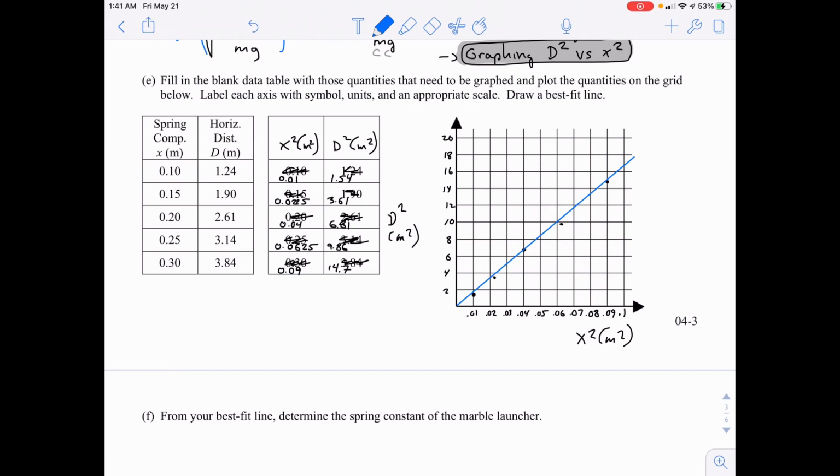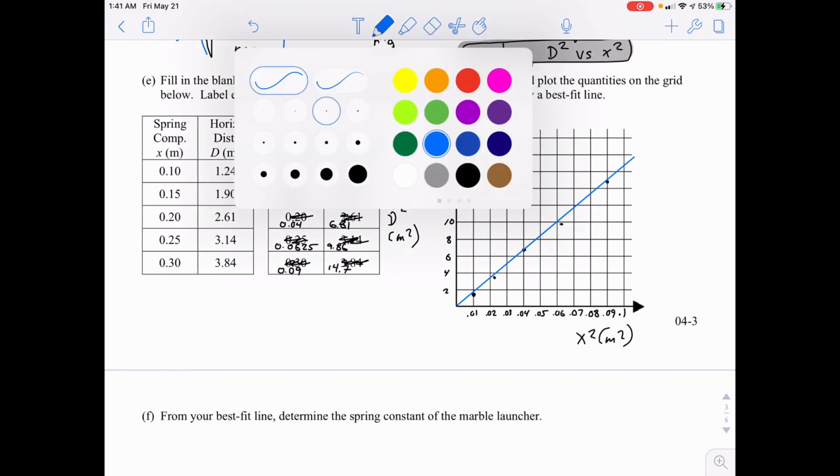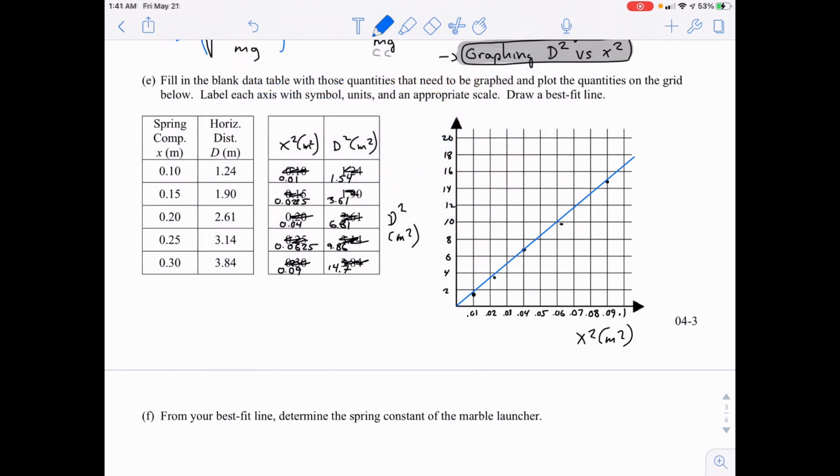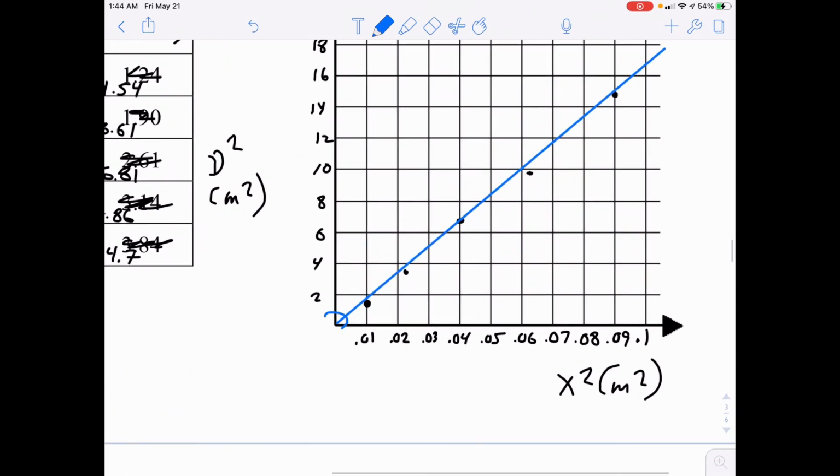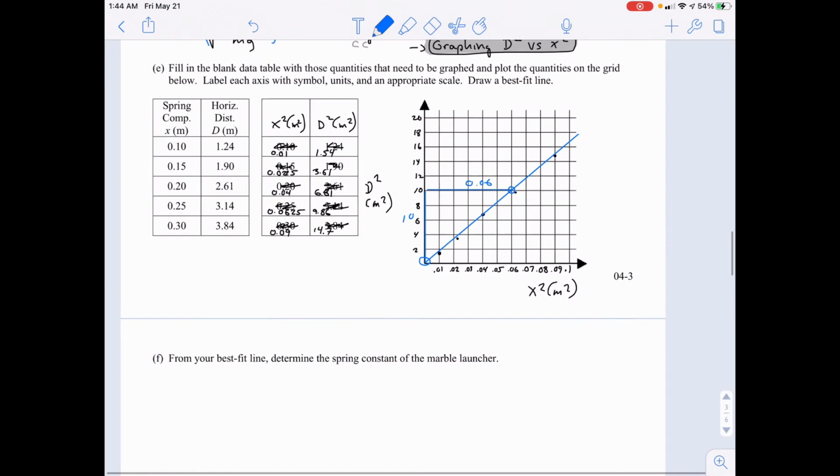Don't try and force it to go through 0, 0. Mine just happens to go through 0, 0 at this point. So I'm going to take my slope from the bottom here to where it's intersecting that point right there. So I've got a rise of about 10 and a run of about 0.06. Okay, and so that's going to be my slope.